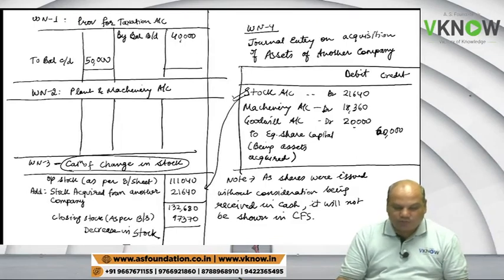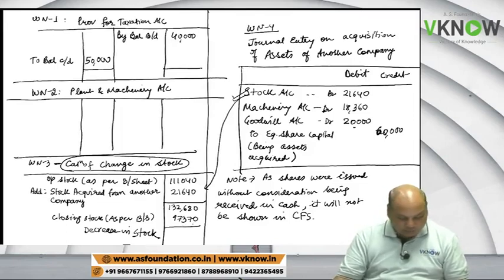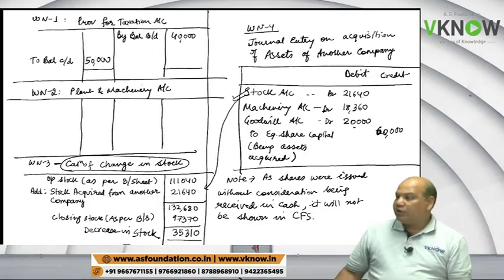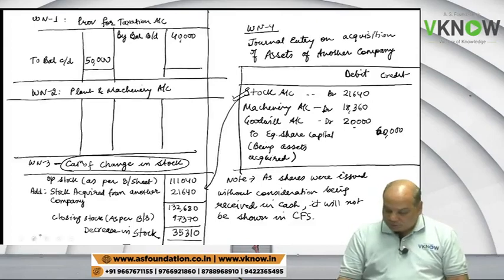That is 132,680 minus 97,370, which is 35,310. Please check.